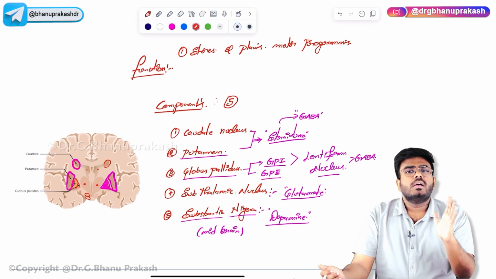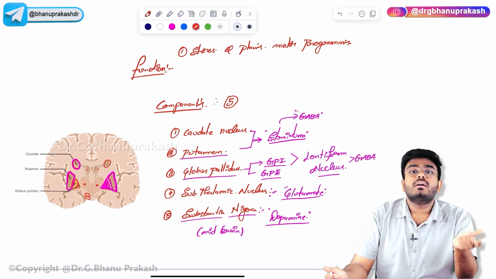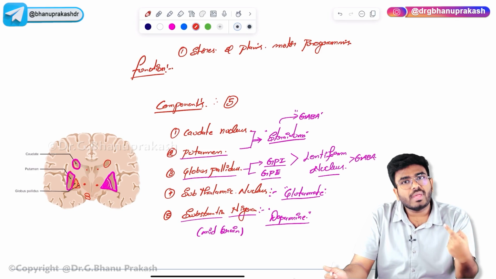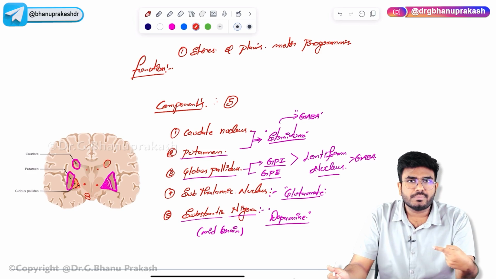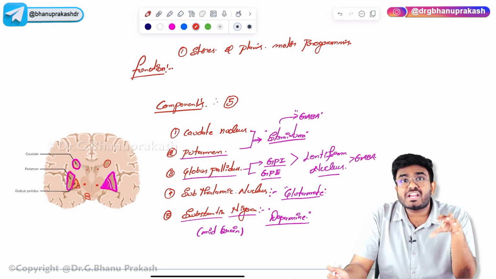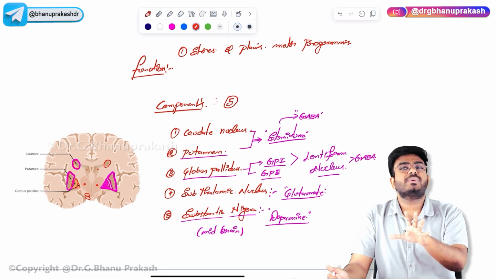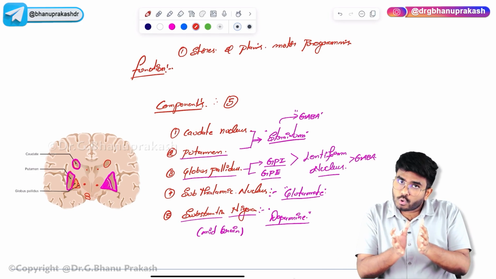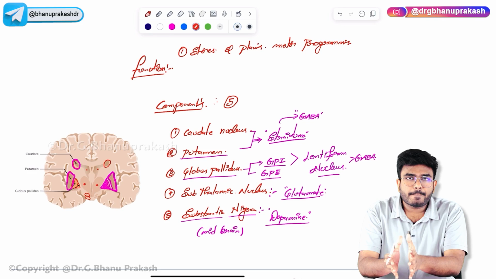That motor program is not there for a 5-year-old, but an adult knows how to perform that motor action. Those motor programs are stored in a part called the basal ganglia. So the basal ganglia is the one which stores and executes a complex movement.